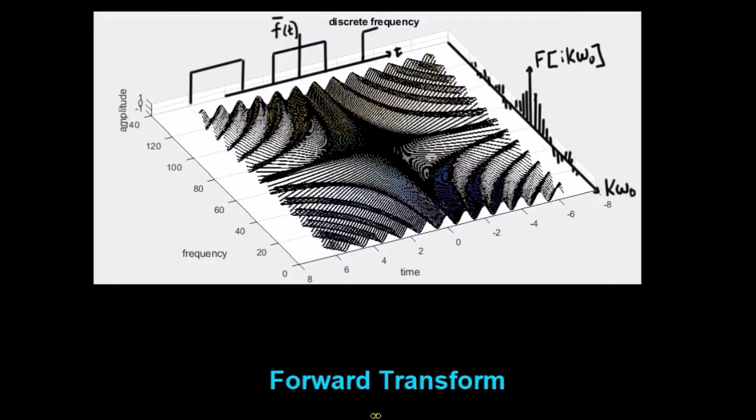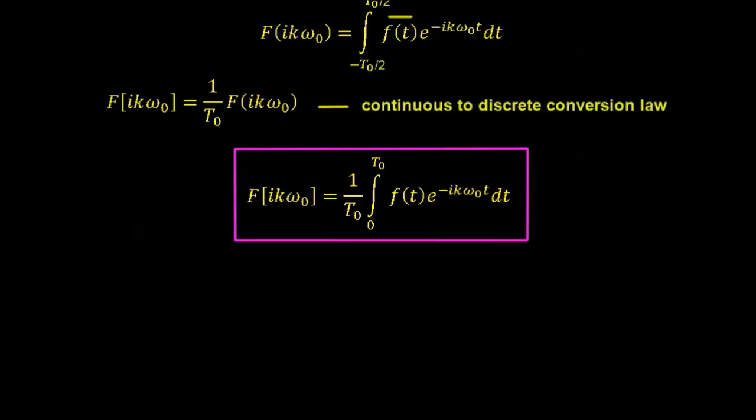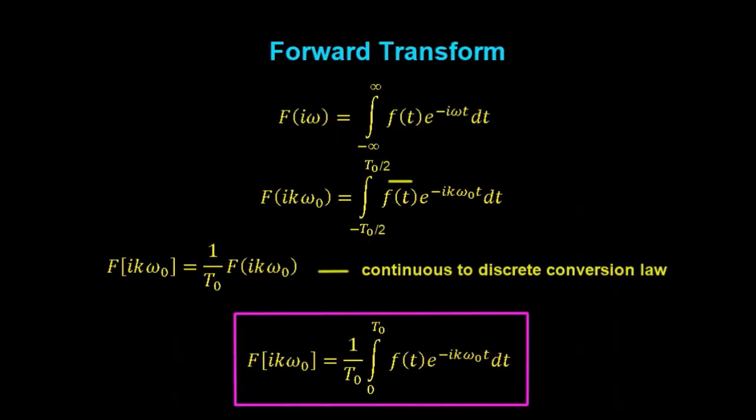Finally, what we want to do is convert this function from the continuous frequency domain, I k omega naught, to a discrete frequency domain, which again is given by I k omega naught, but I put the square brackets to tell us that it's going to be a discrete domain. We use this conversion law, which we got when we looked at the conversions from the continuous to the discrete.